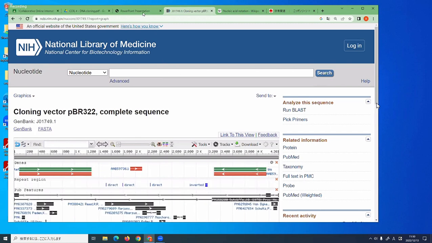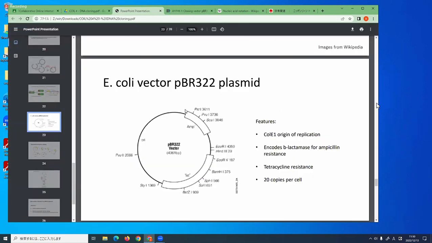So let's confirm we have the ampicillin resistance gene. Ampicillin is an antibiotic. When this gene is expressed, it will produce a beta-lactamase protein. This beta-lactamase protein is able to degrade or convert the antibiotic so that it becomes less harmful to the E. coli. The same goes for tetracycline over here.